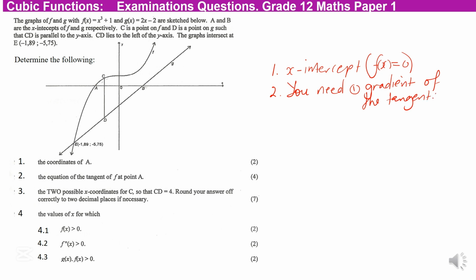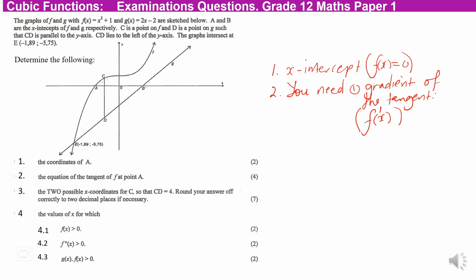So you differentiate the function and in the derivative you substitute x with the x value at which the tangent is touching the curve. So we need the gradient of the tangent, and for that we're going to use the derivative.